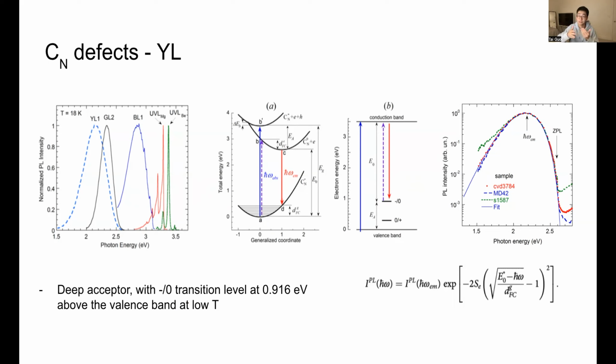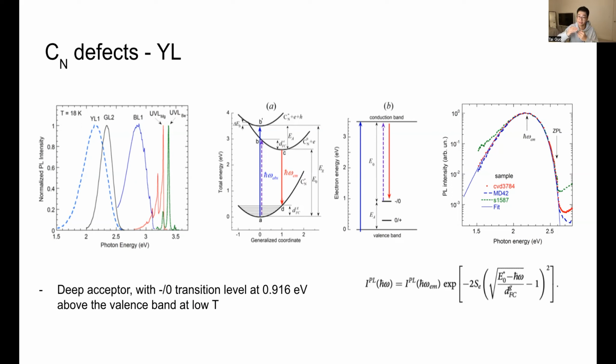When some of the carbon atoms replace the nitrogen atoms in the system, they create deep acceptor levels. For N-type gallium nitride, the Fermi level is closer to the conduction band, right? So the acceptor levels are negatively charged and occupied by electrons.